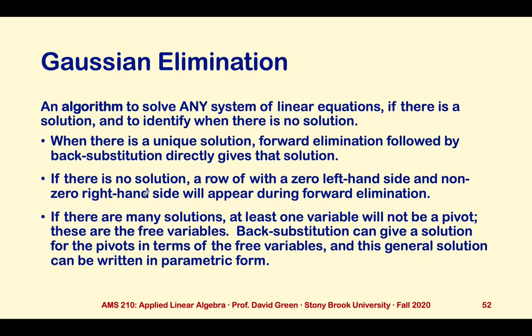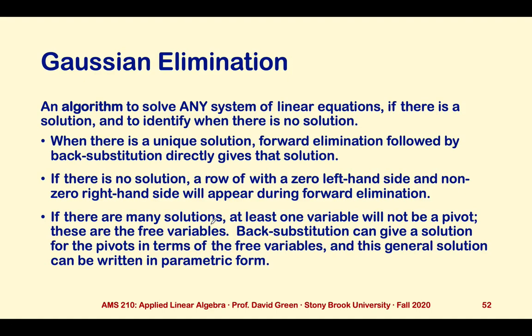If there is no solution, a row with a 0 left-hand side and a non-zero right-hand side will appear during forward elimination. This will always happen if there is no solution, barring arithmetic errors. If this happens, we know to stop. If there are many solutions, at least one variable won't be a pivot.